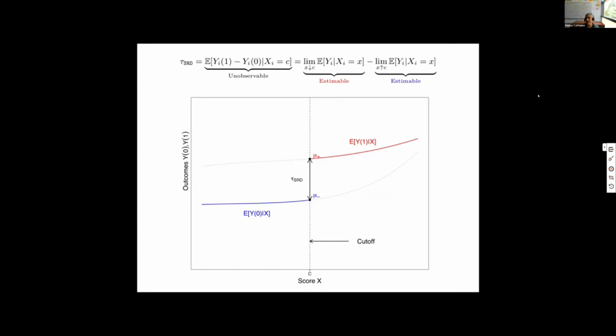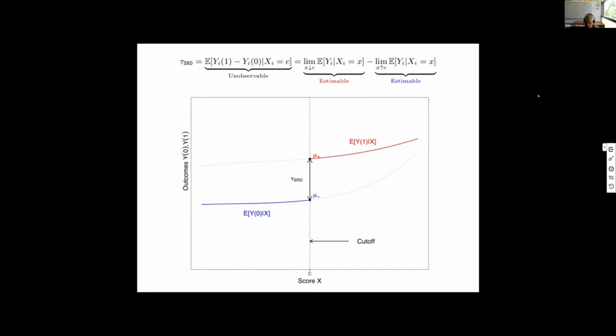So RD designs from a continuity perspective are interested usually in parameters that are defined at a single point on the space of the score variable, or the running variable. And in many cases, the most popular of those parameters is the average effect. And so the more proper way to define it would be an average treatment effect at the cutoff.